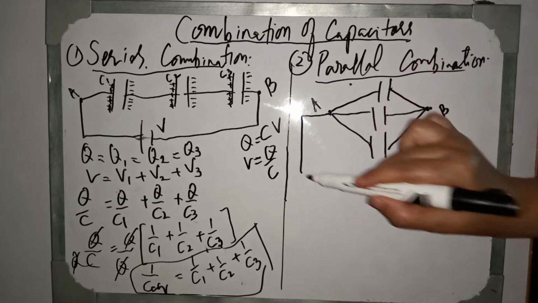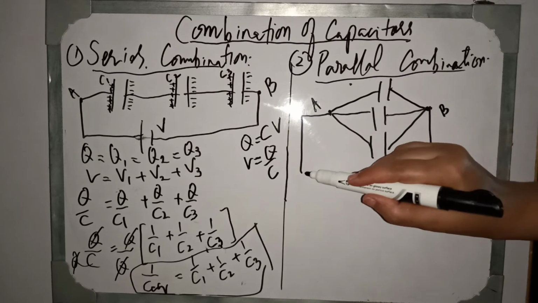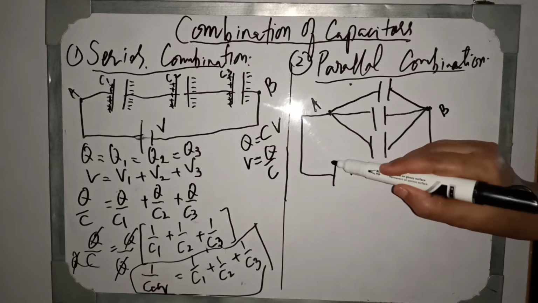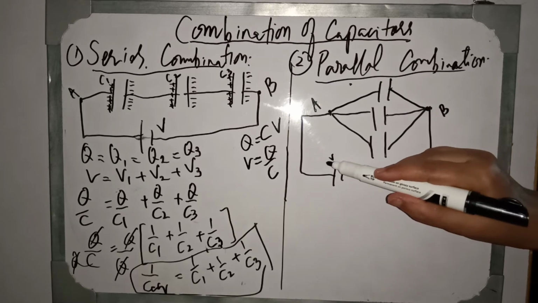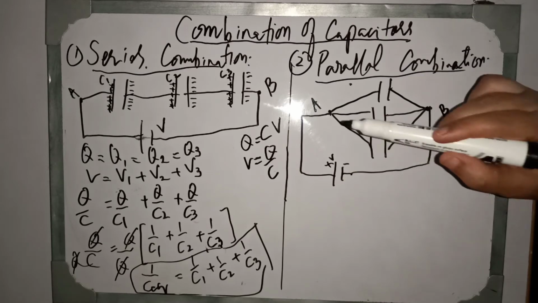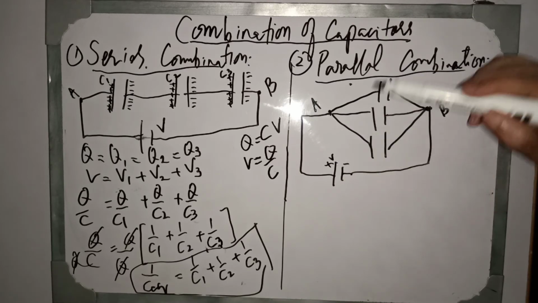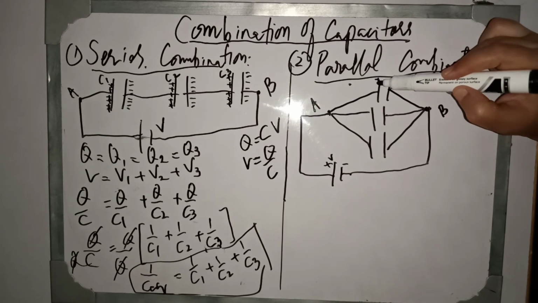Now these 2 points are connected with the terminals of a battery having a voltage source V. These are the 2 terminals of the battery. This one is positive and this one is negative. If this terminal of the battery is positive, all these plates of the capacitors will get positive charge.